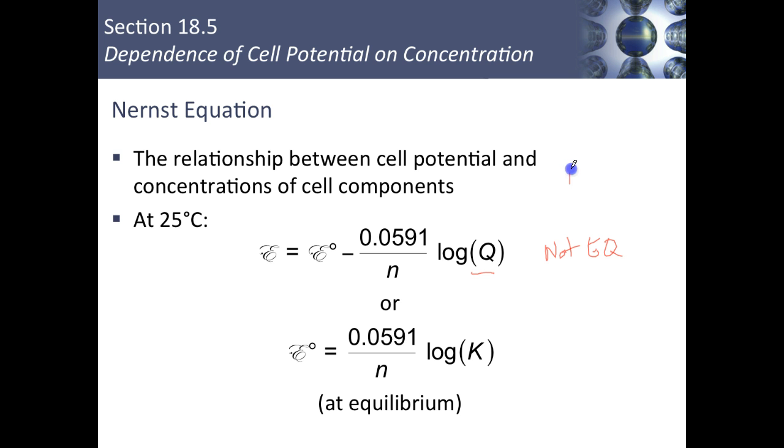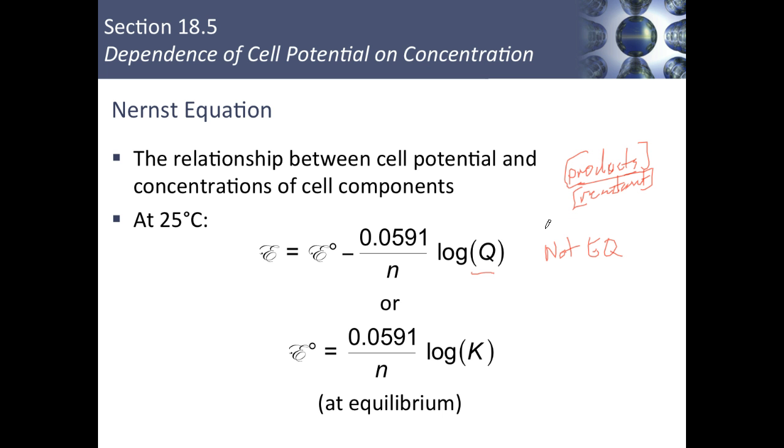Either way, you're going to have products over reactants, and of course these are the concentrations. Again, Q means we're not at equilibrium. Q, not at EQ. Easy way to think about it.